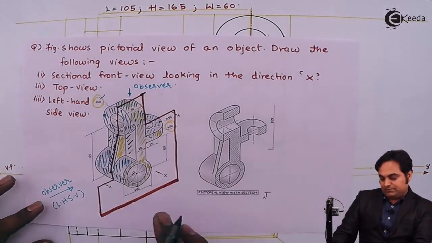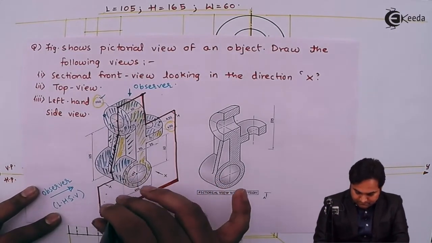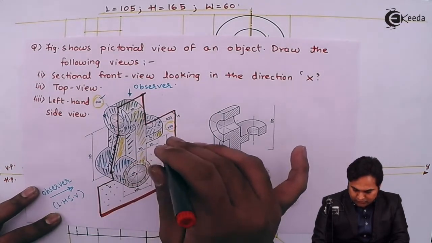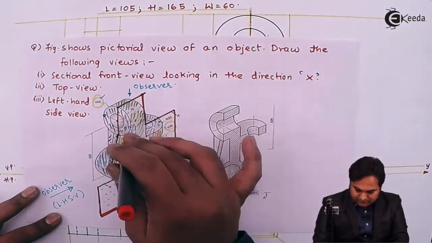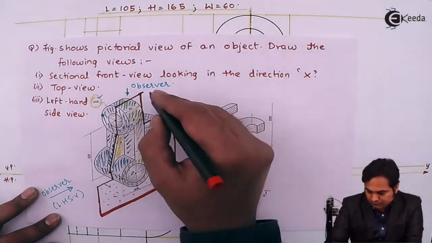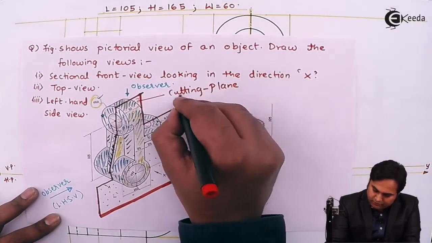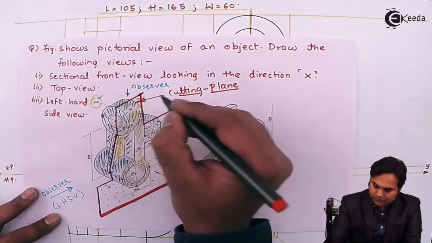Now this is the section plane which I have drawn. It is like a piece of glass which is going to cut the object into exactly half. Cutting plane also called as the section plane.